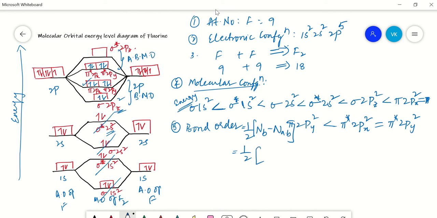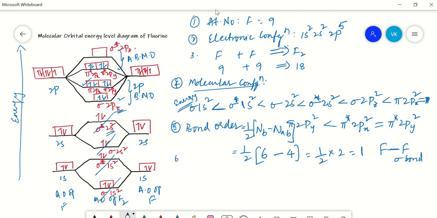There are 6 bonding electrons, 1, 2, 3, 4, 5, 6, minus anti-bonding electrons 1, 2, 3, 4. So what you get here is 1. It means that fluorine is bonded with one more fluorine with a single bond, that is a sigma bond, right?